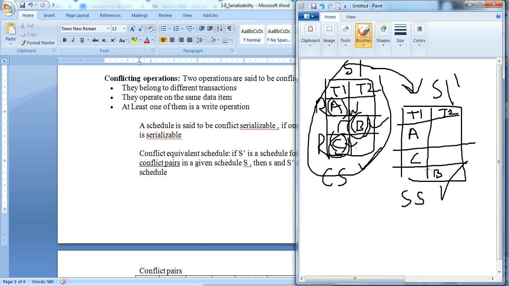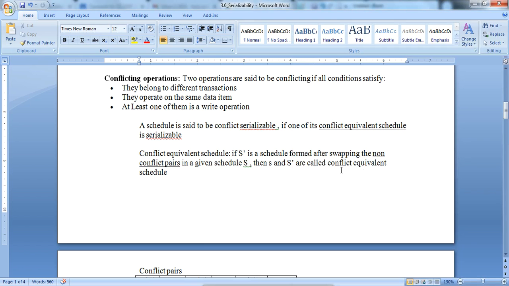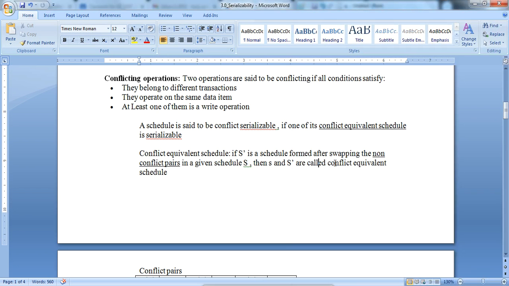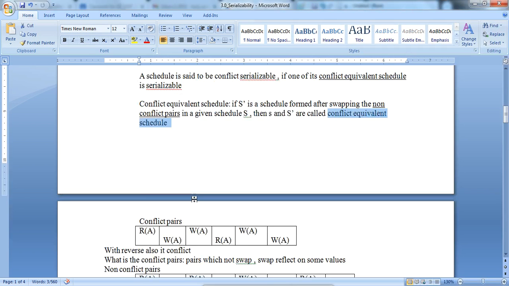We just change the position of this and this, and the result is an accepted schedule equivalent to the first one. It gives an output of 10 and it also gives an output of 10. We swap the operations but the output is equivalent, which is why it is a conflict equivalent schedule.